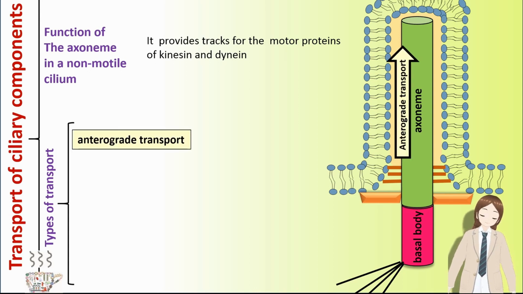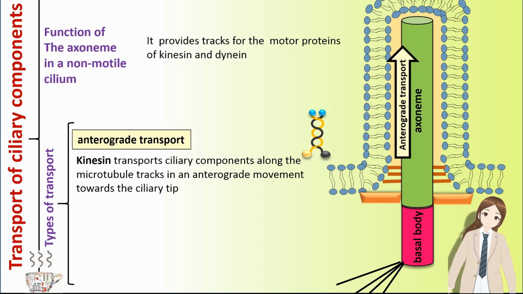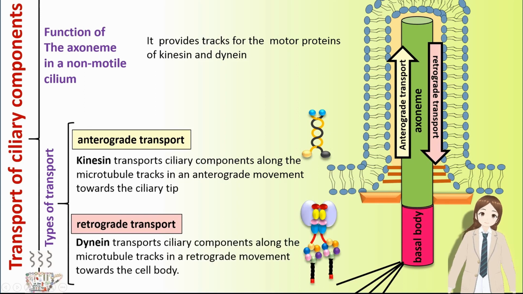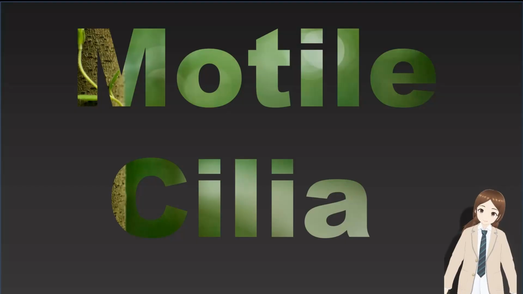Anterograde transport: kinesin transports ciliary components along the microtubule tracks in an anterograde movement towards the ciliary tip. Retrograde transport: dynein transports ciliary components along the microtubule tracks in a retrograde movement towards the cell body.